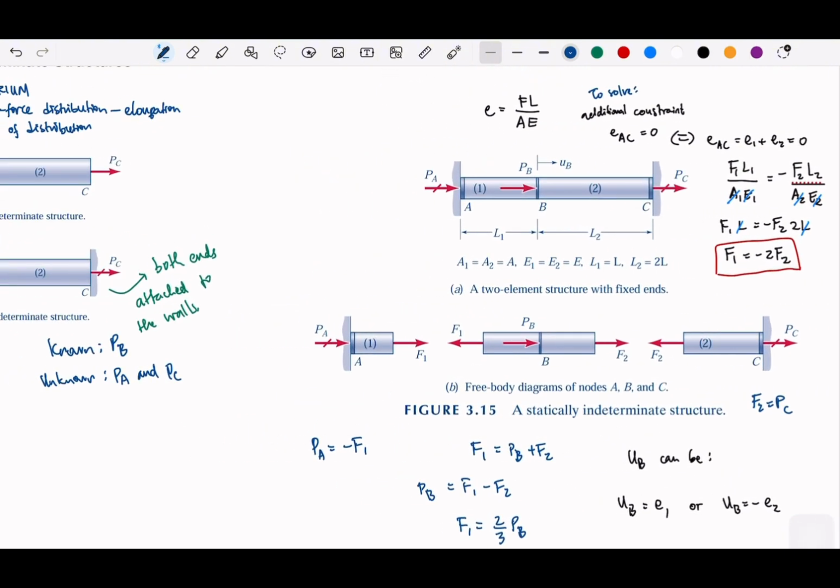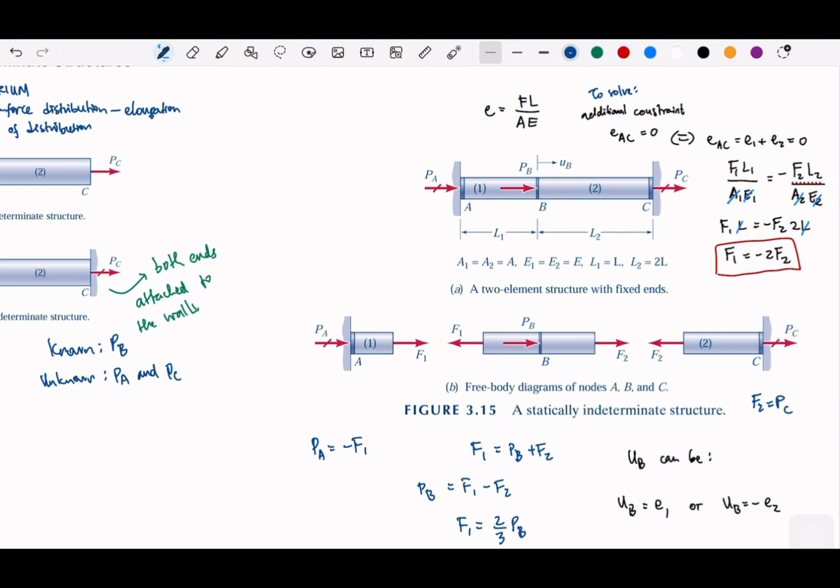In the last discussion, we had this example. We have a two element structure, element 1 and element 2. Both are fixed into the walls, and basically they have the same cross sections and the same stiffness property, and the difference is only the length.